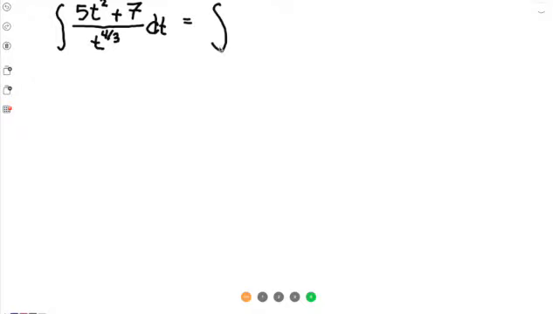So we have 5t squared all over t to the 4/3 plus, it is separated by a plus sign, the integral of 7 all over t to the 4/3.